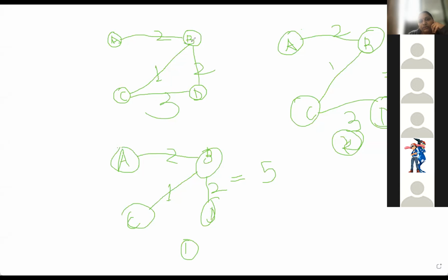So it was B to D, that is equal to 2, and it is also not forming the cycle. So 2 plus 1 plus 2, it became the Prim's algorithm spanning tree. And this is only a spanning tree. It is not a minimum spanning tree because it has a higher value than the minimum. Okay.